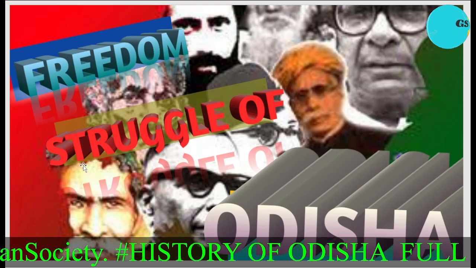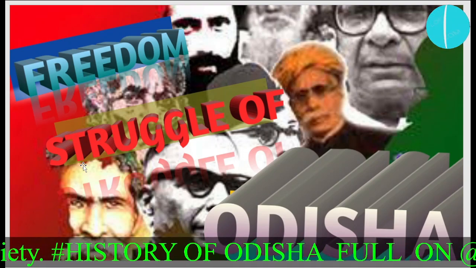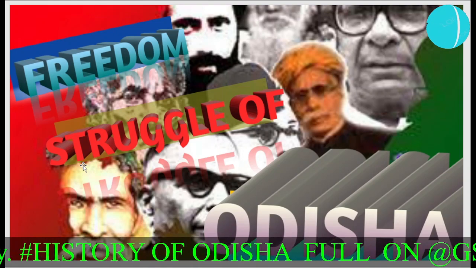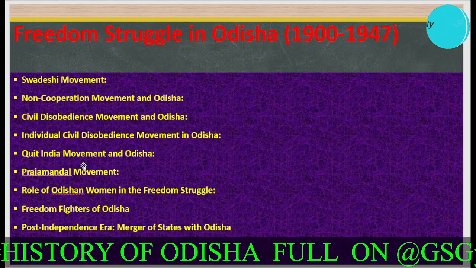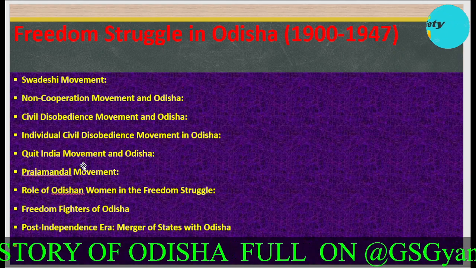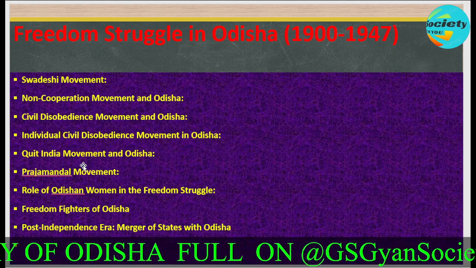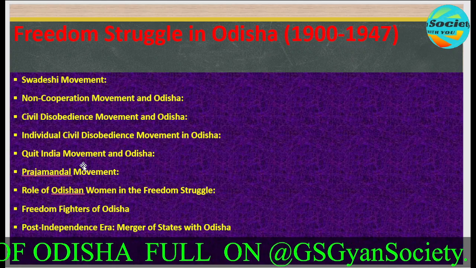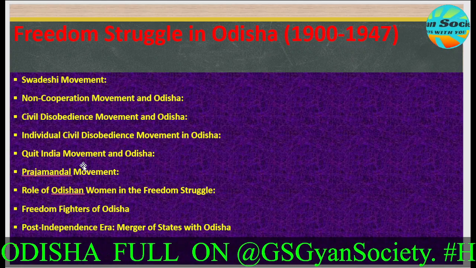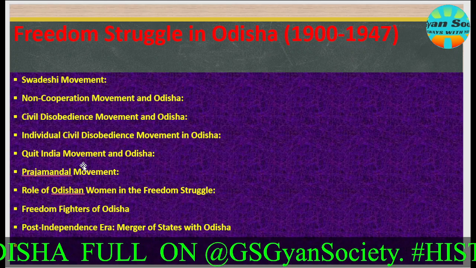In freedom struggle of Odisha, we will discuss various subheadings. These subheadings are, for example, Swadeshi movement, the first freedom struggle in Odisha. Then after, we discuss non-cooperation movement and its impact in Odisha.